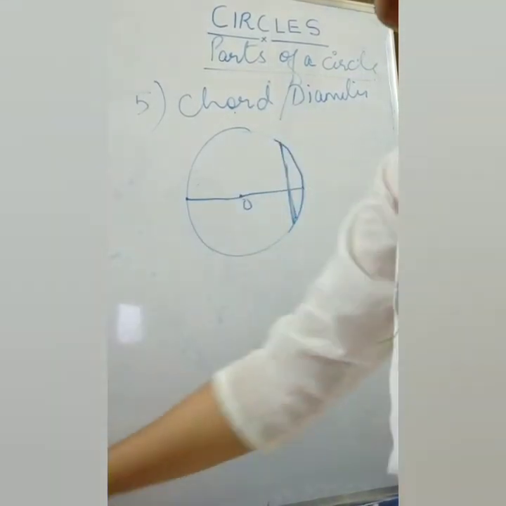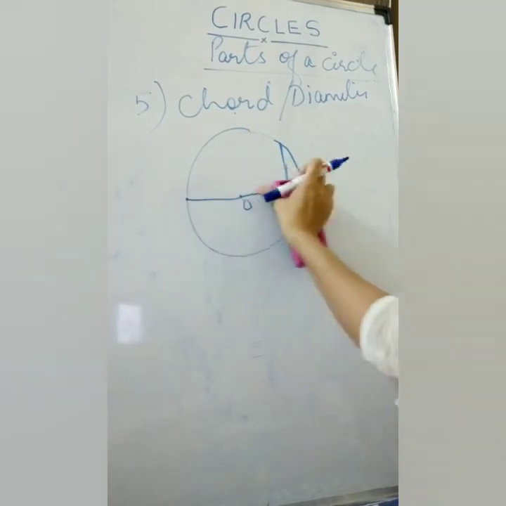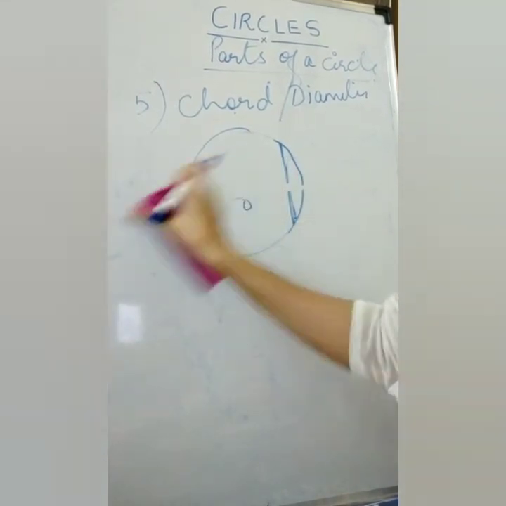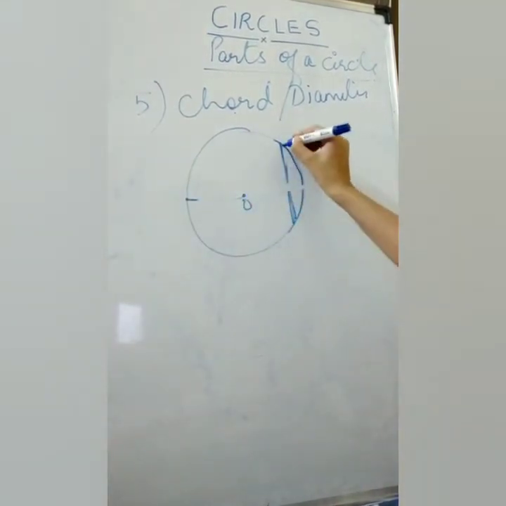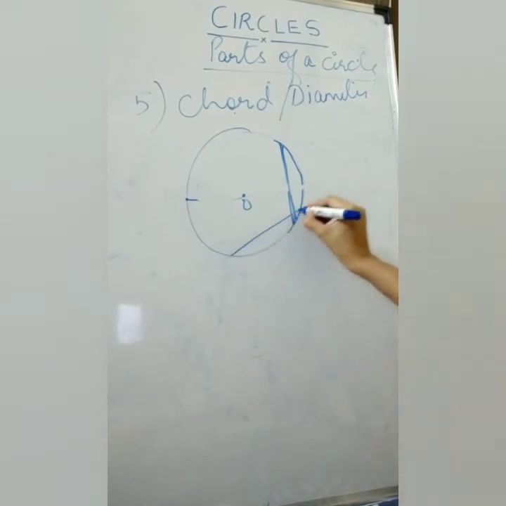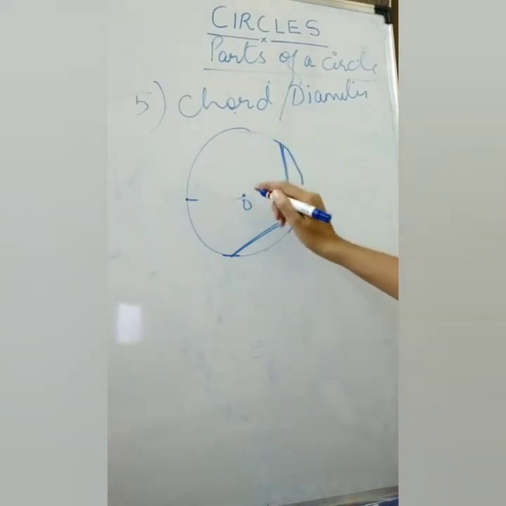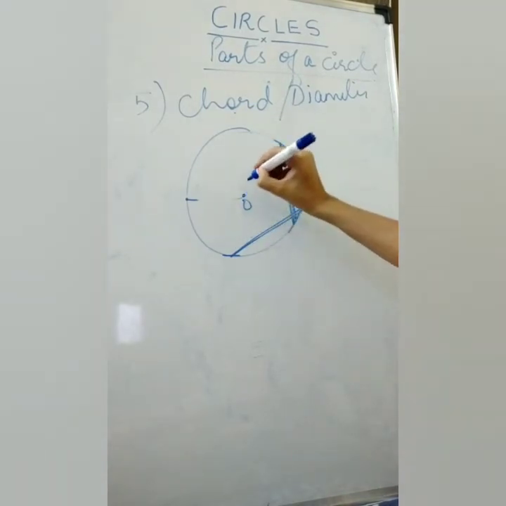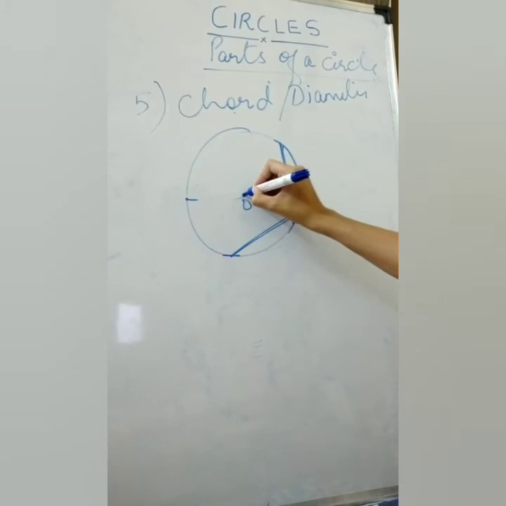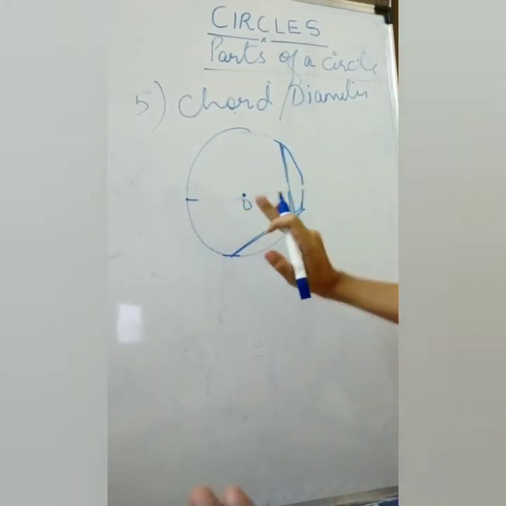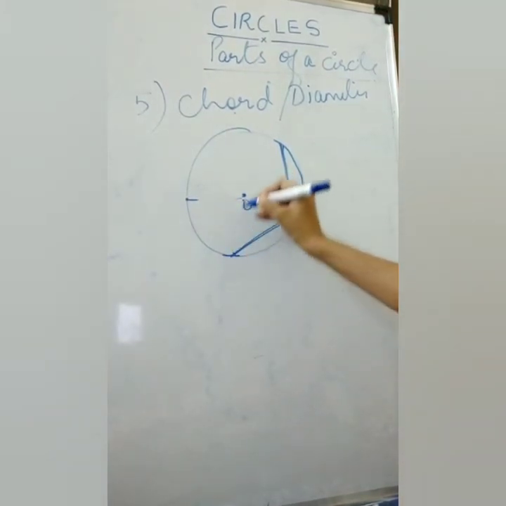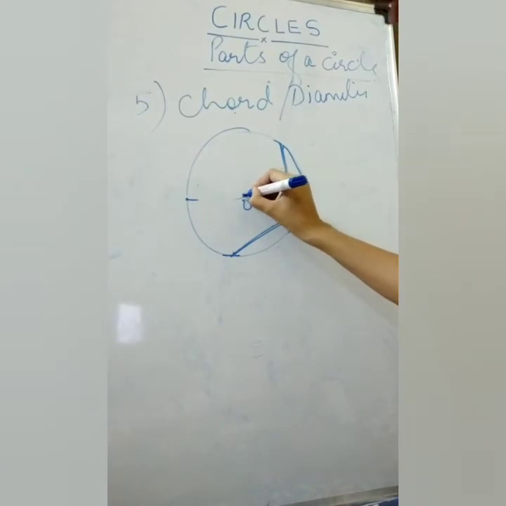But chord need not pass through the center. This can be a chord, this can be a chord. It joins one circumference to another, but it is not necessary that it will join the center point.